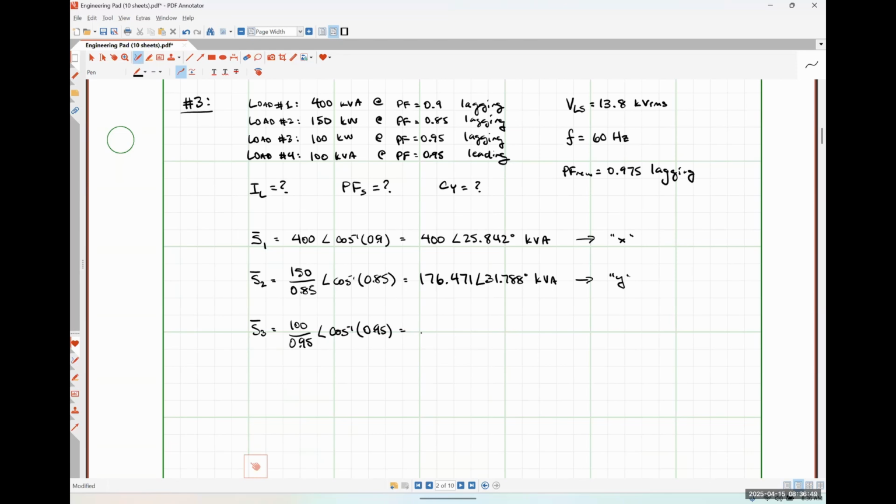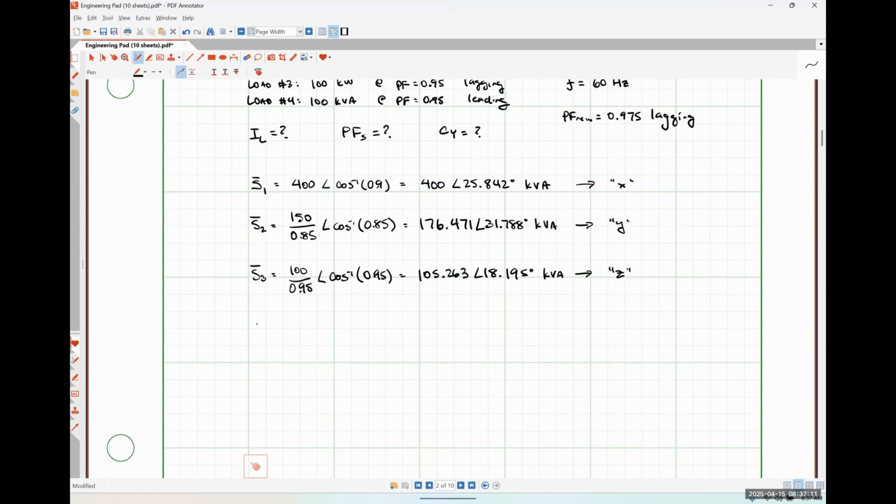And I got 105.263 with an angle of 18.195 degrees kilovolt amperes, which I'm storing in my calculator as Z.